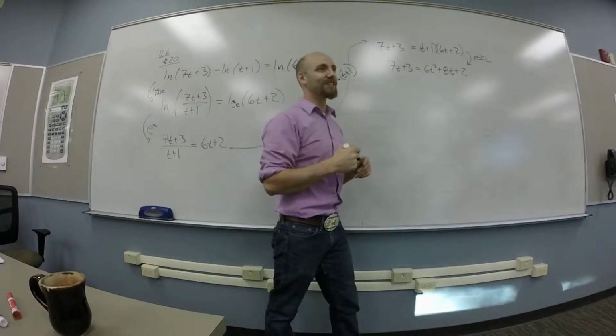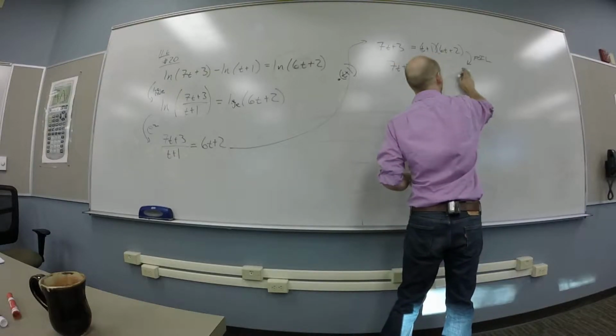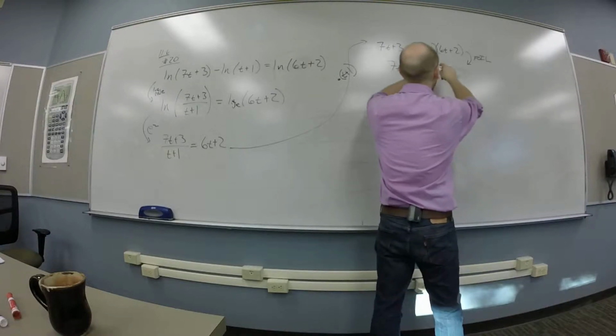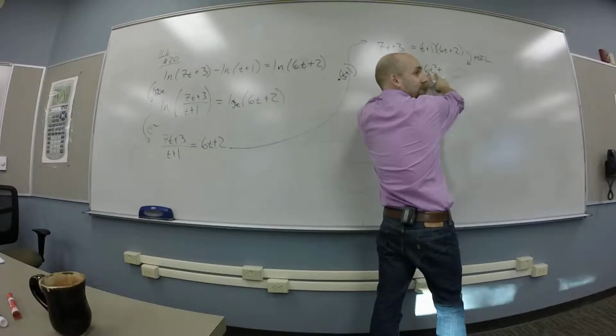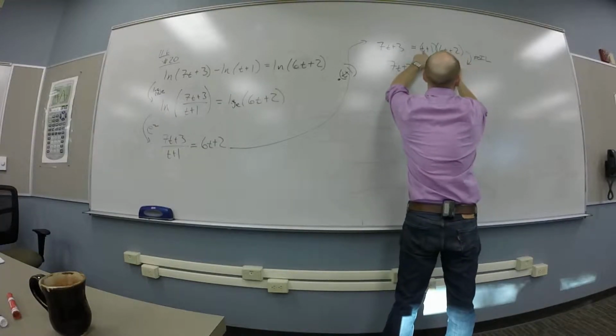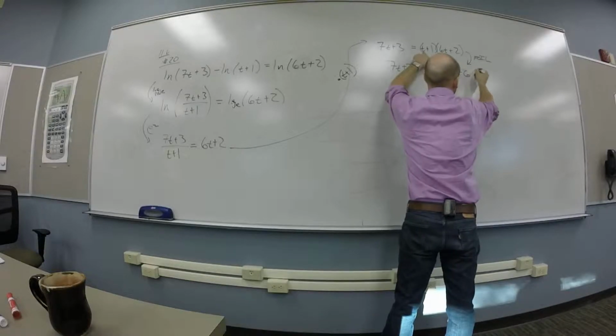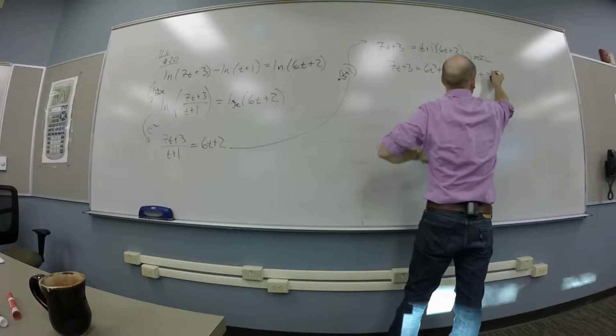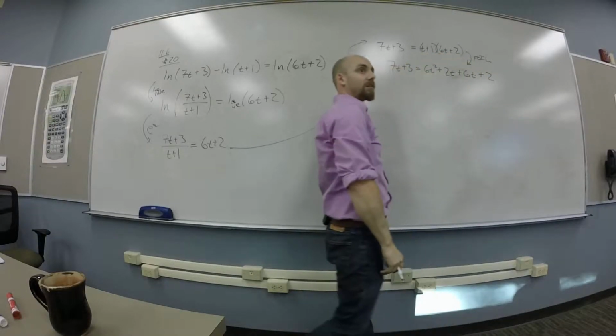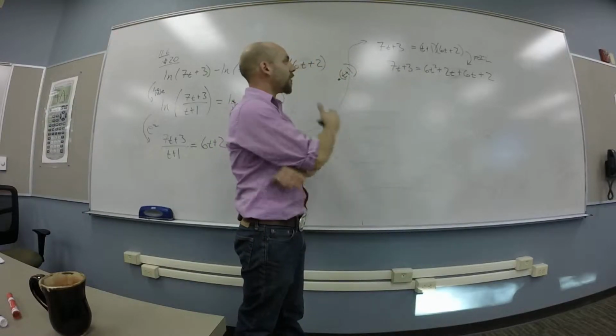So if we were doing this right, we would say we got 6t squared out of the firsts, then there's the 2t from the outsides, 6t from the insides, and 2 from the lasts. Right? Okay, so now what?